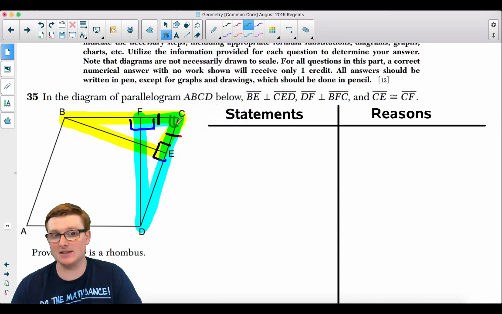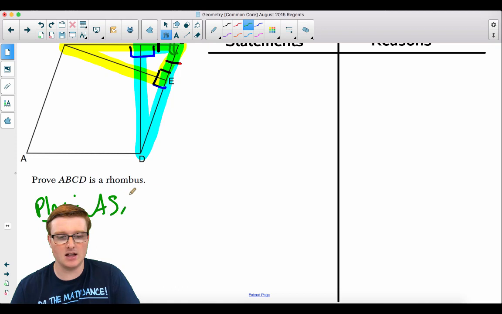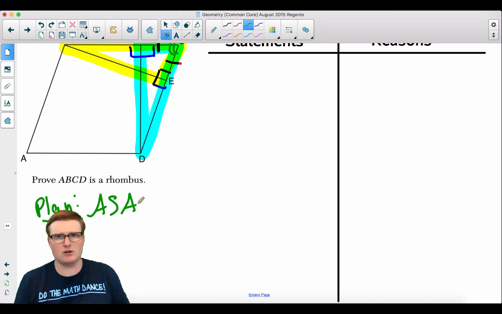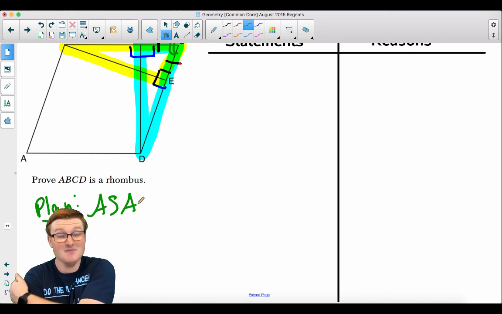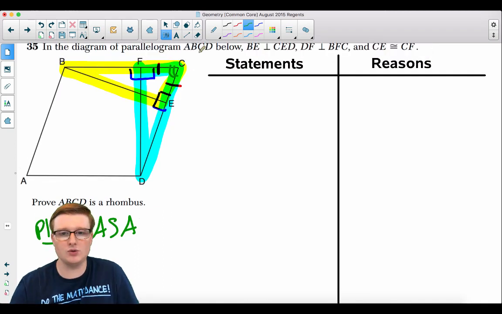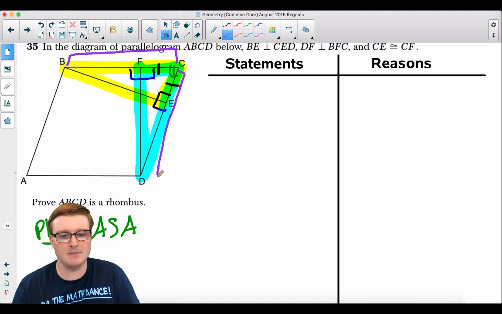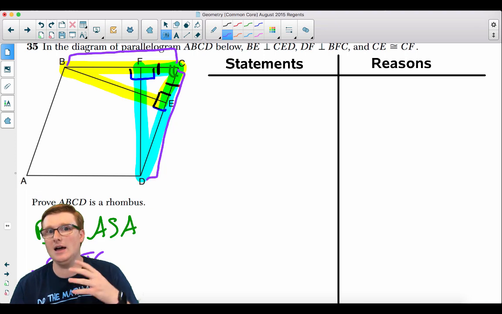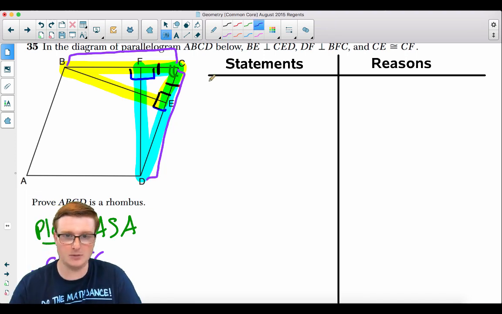Angle C is reflexive. So the plan to prove these 2 triangles congruent is by angle side angle. But what does that do for us? Well, in a rhombus, adjacent sides are congruent. We could prove that this side is congruent to this side by using CPCTC.